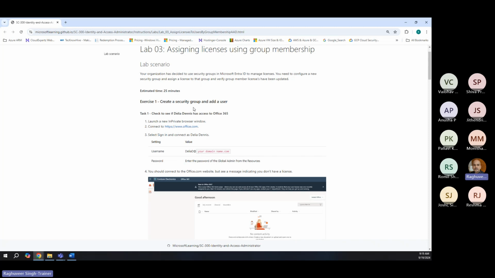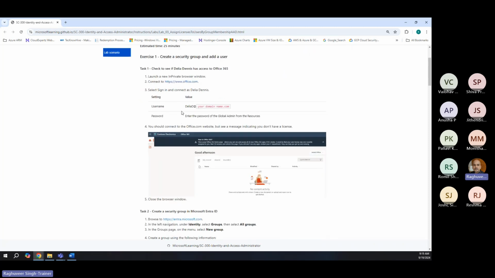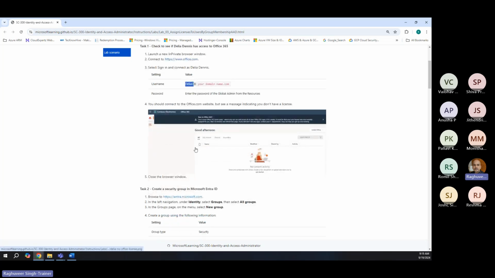So you need to create a group and add a user. You can add an existing user, and then they say to try with that user whether the user has access to Microsoft Office. So when the user goes to the office.com website, the user sees that no product or services are visible to the user.